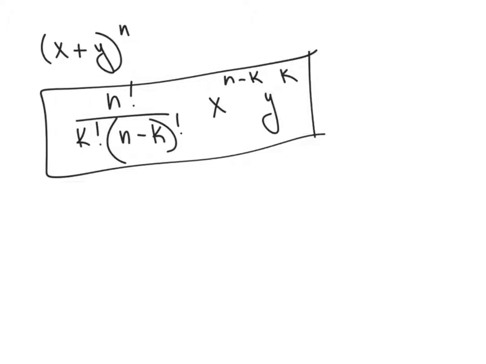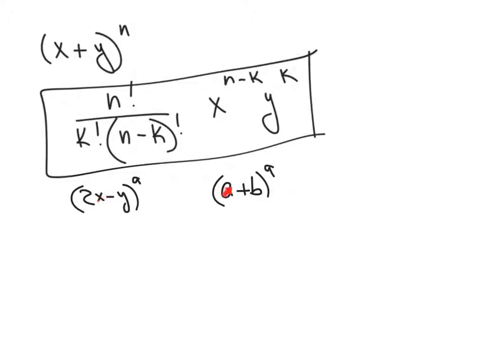This is example 4. So we have 2x minus y to the 9th power. Sure would help if I could write smaller. Alright, so the binomial has the form of a plus b to the 9th power. Sometimes you're going to have numbers here, and that's going to make it hard. Sometimes you're going to have a minus sign.